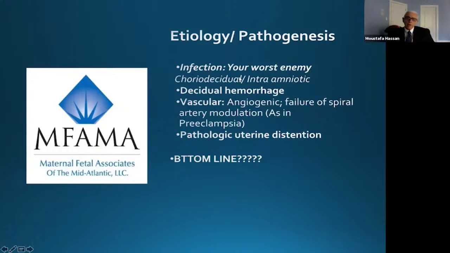So we have pathology here. All these are hypotheses, theories. We're not sure whether this works or not, but to the best of our knowledge, it does work to produce preterm delivery.